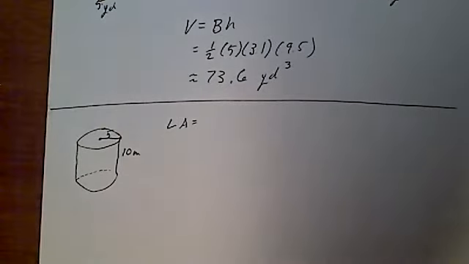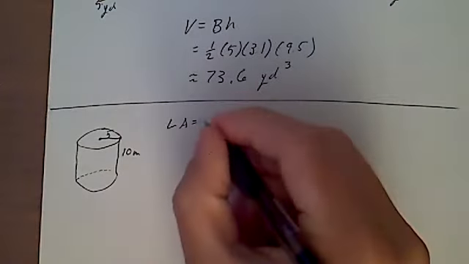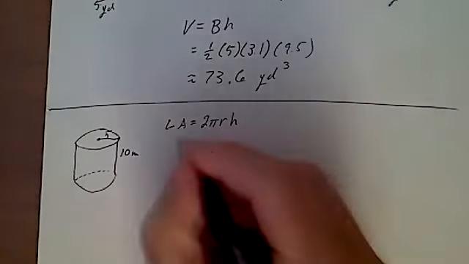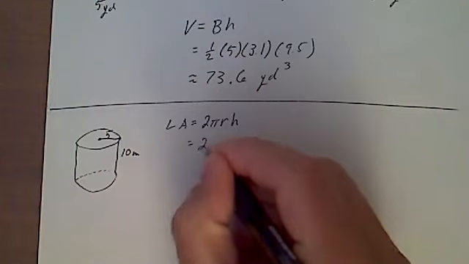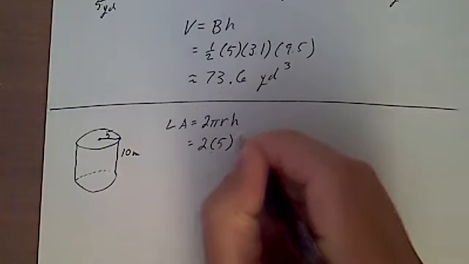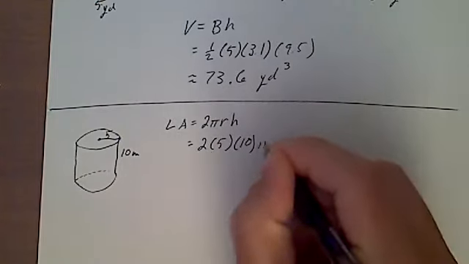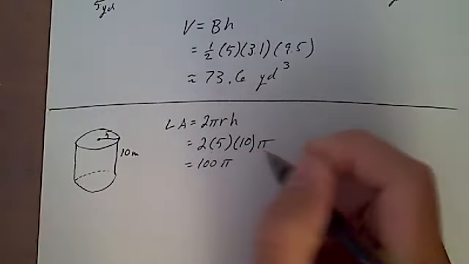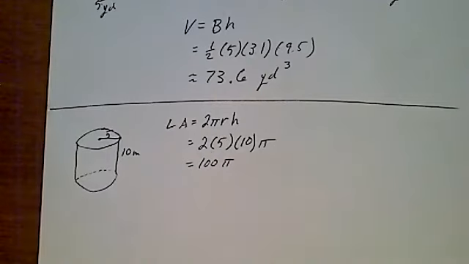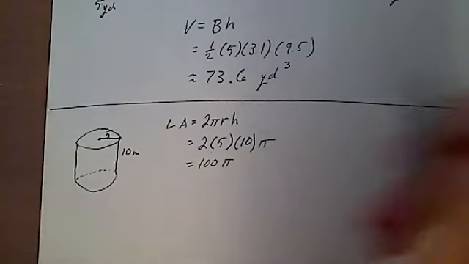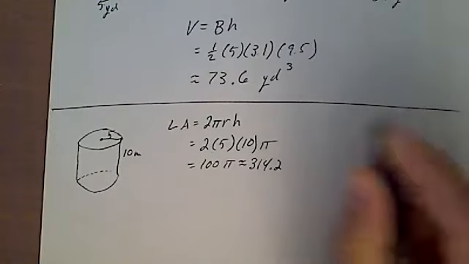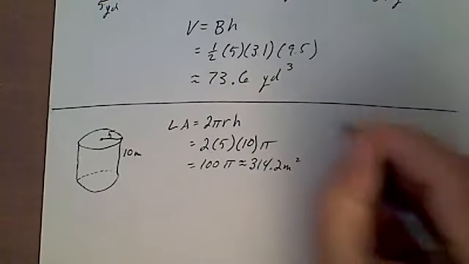It's just the perimeter times the height, but the perimeter here is 2 pi r. We have 2 pi r times the height. We just have 2 times 5 times 10 times pi. That's 100 pi, which we would round to 314.2. Again, that'd be meters squared.